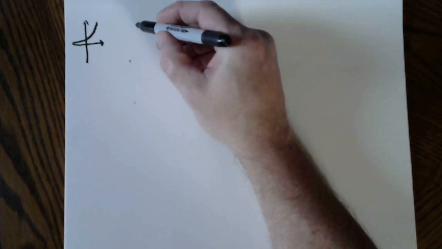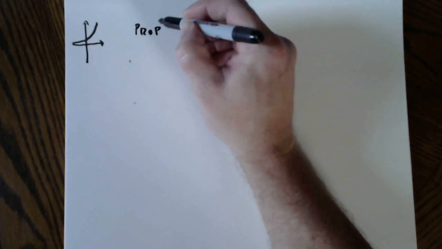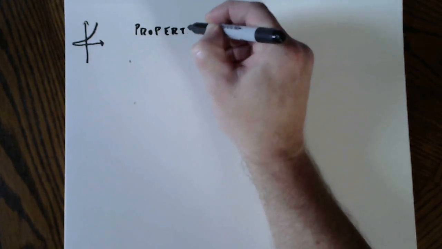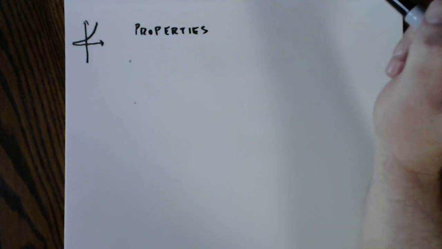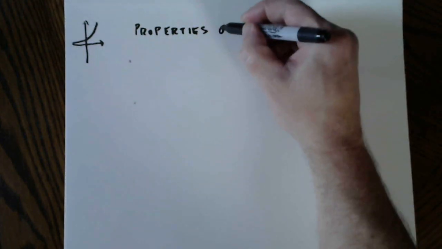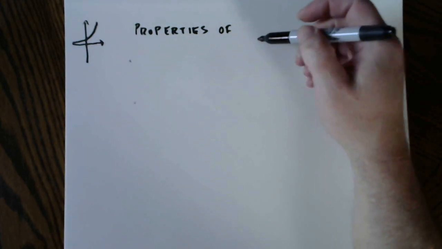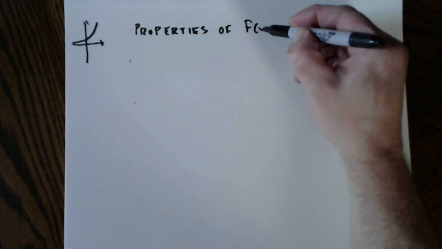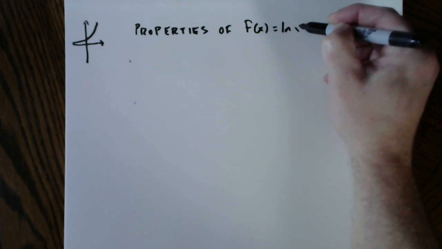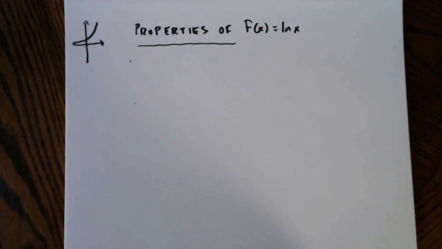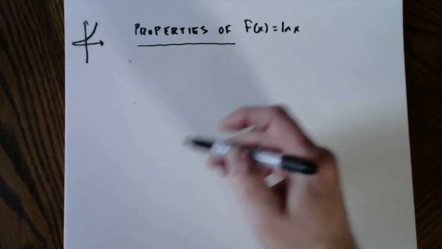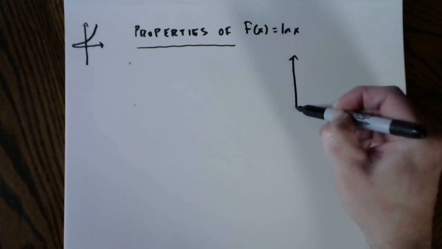So we're going to talk about a similar idea now: properties of the ln function. And these would hold for any log of base greater than 1. As we list them, we're going to build a graph.